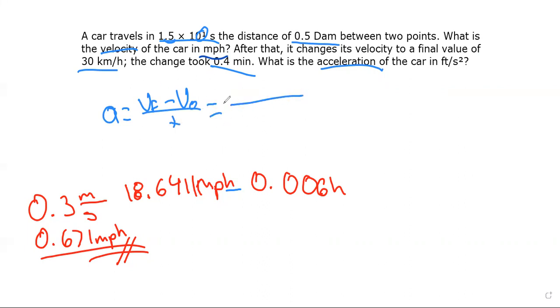So we change values. The final velocity, we said that was 80.6411 miles per hour. So 80.6411 minus 0.671 miles per hour.